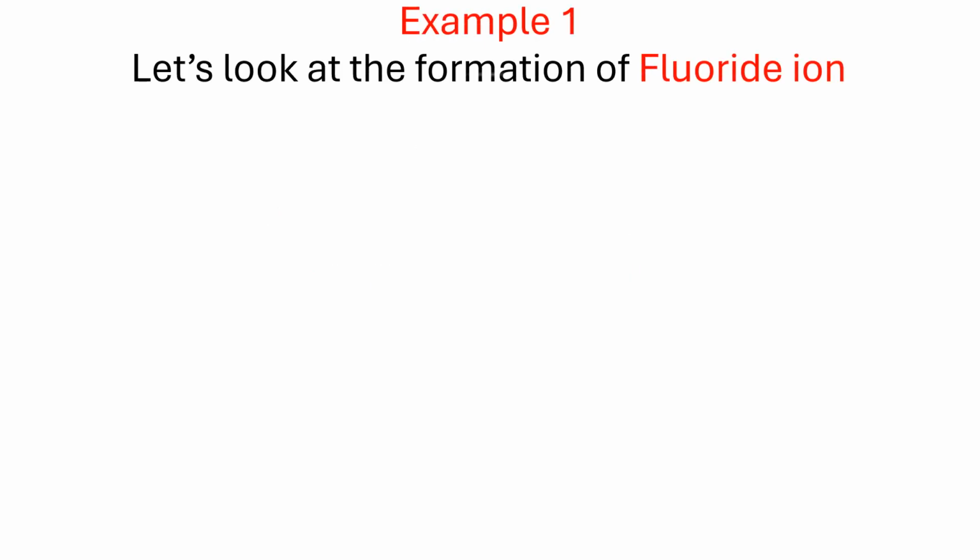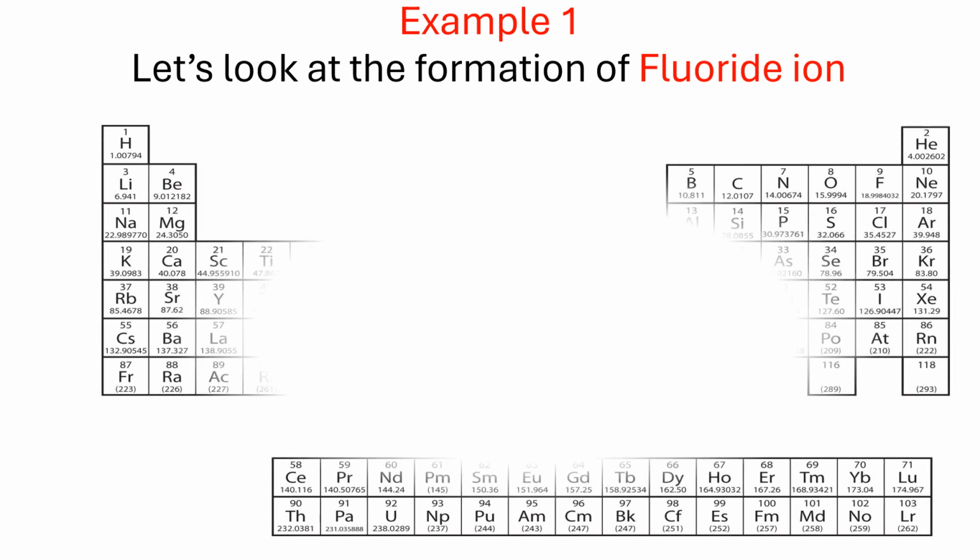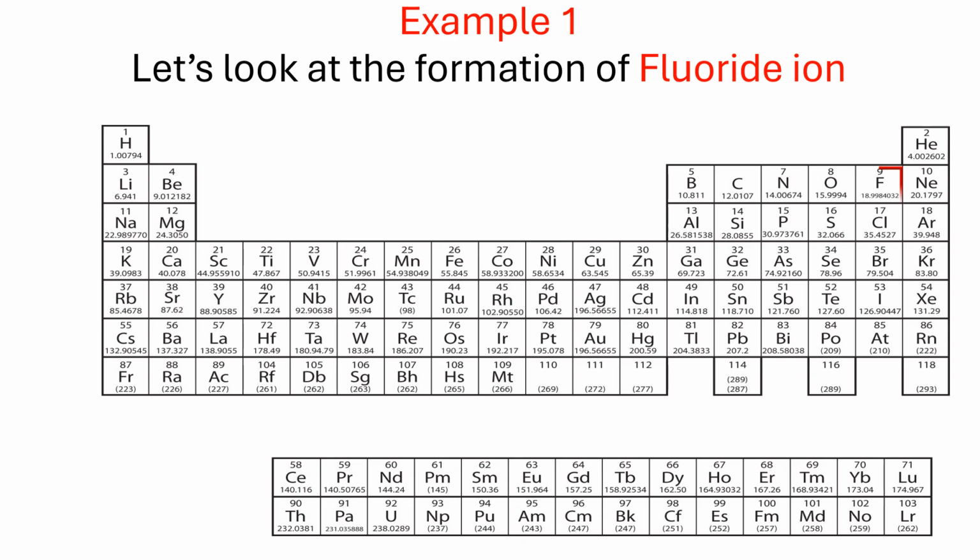Let's look at our first example, which is the formation of the fluoride ion. Let's bring up the periodic table. Let's look at fluorine. We can see fluorine located right next to neon. Neon is a noble gas, so fluorine would love to look like neon.